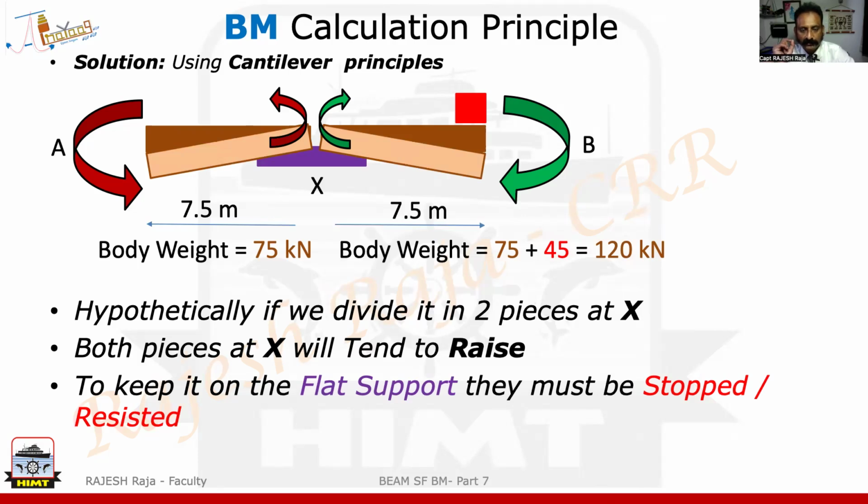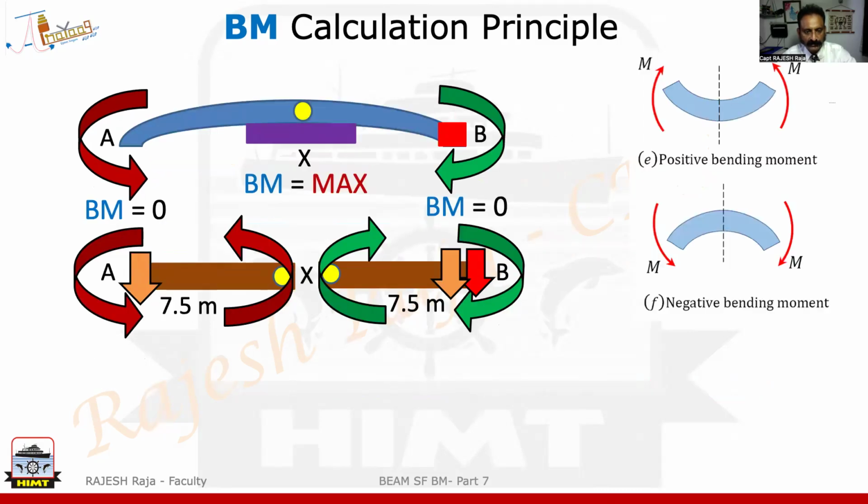Please remember, actions. These actions should be resisted and they should be kept at the flat piece without being lifted. So that means I will have a reaction. Anything which is the flat support is resisting your lifting up, so you'll have a reaction. So this is what I've shown you as an action. Please remember what is happening. These are two actions.